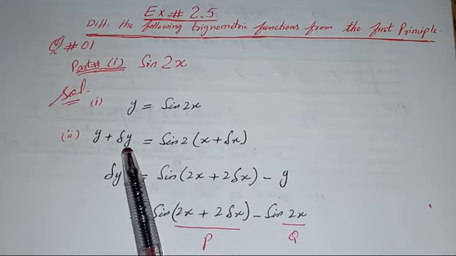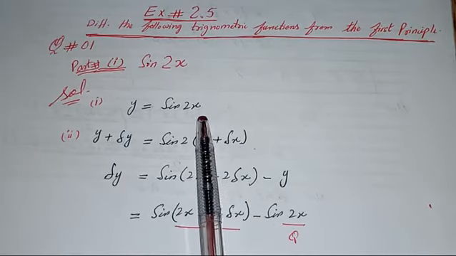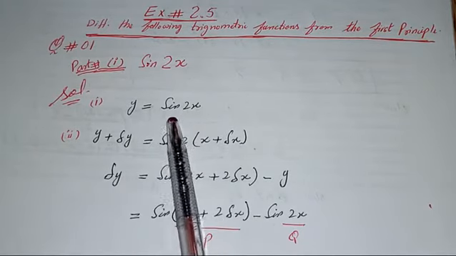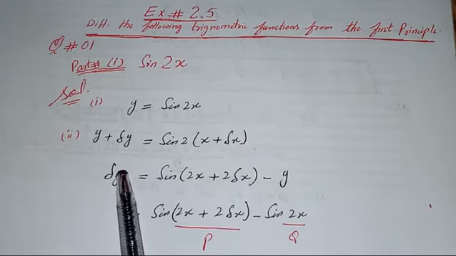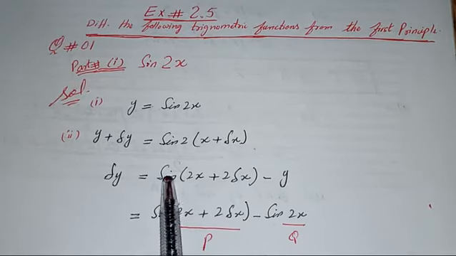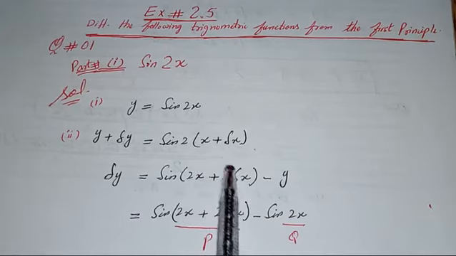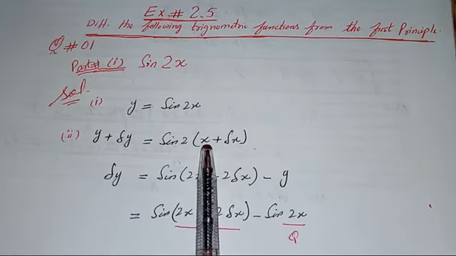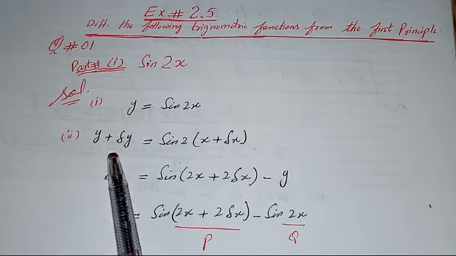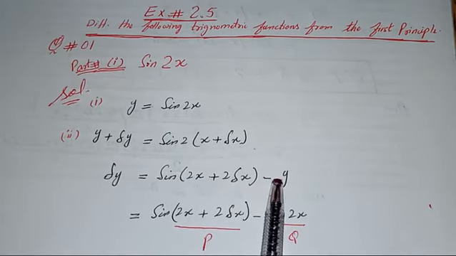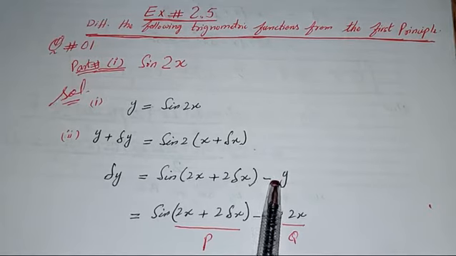We have to add delta only to the variable, in y and x. So delta y is equal to sin 2x plus 2 delta x. When you multiply the 2 with the terms inside the bracket, and minus y comes to the right hand side, it becomes minus y, as we have done in exercise 2.1, same method.